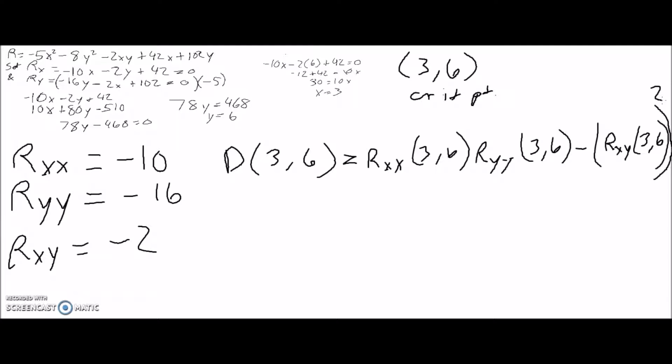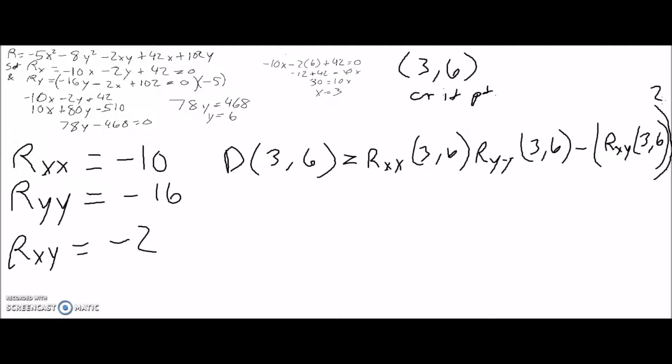The easy thing about this problem is that our second partials are the same at every single value, so it didn't matter that we were at the specific critical point. The second partial will always be the same for this problem. It may not be the same for other problems.